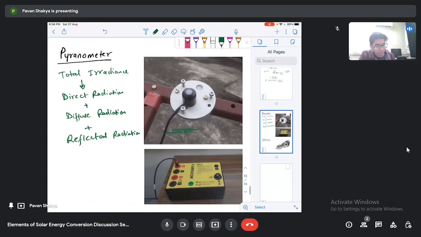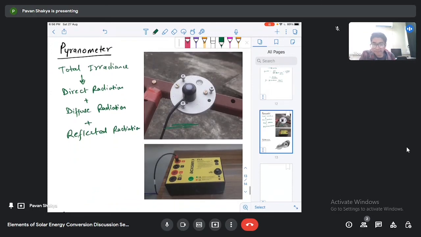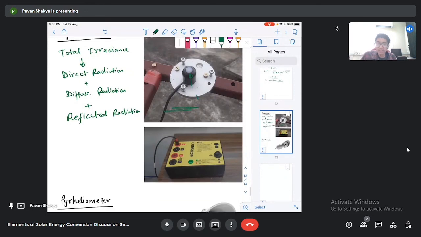In the figure you can see that this is our pyranometer. Here is one sensor, not this one, this is our sensor. The sunlight and the surrounding radiation fall on this sensor. Then there is some change in the resistance, and this resistance is measured through the data logger. The sensor gives values in voltage.